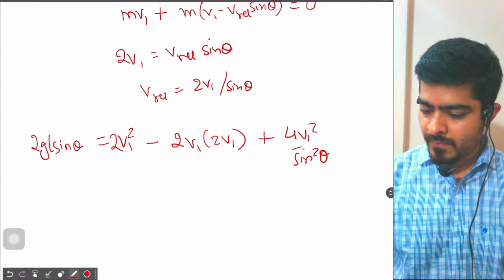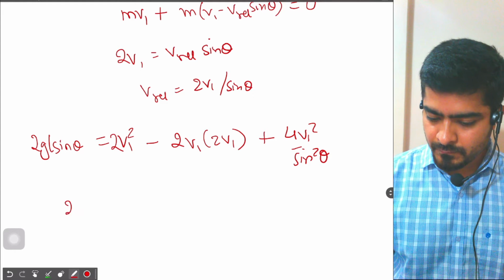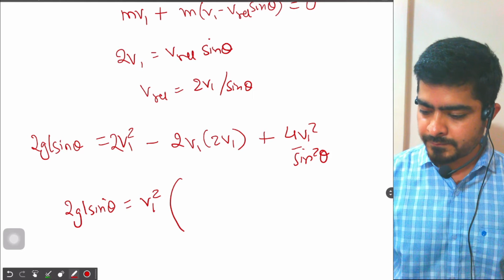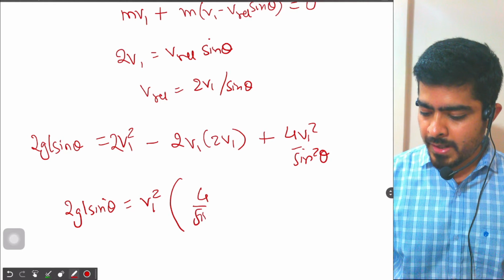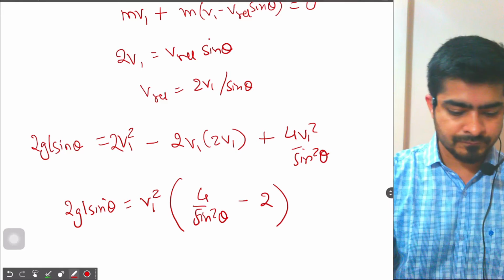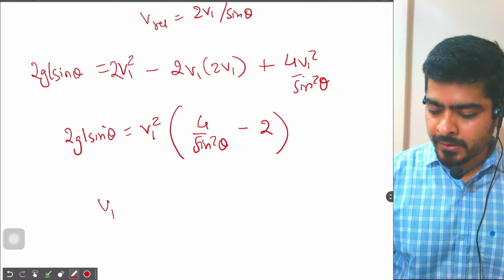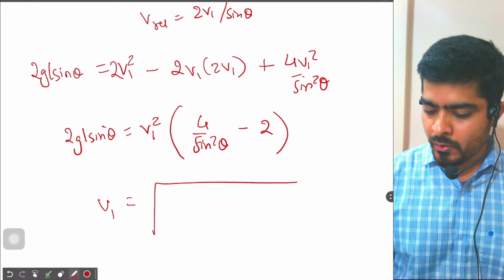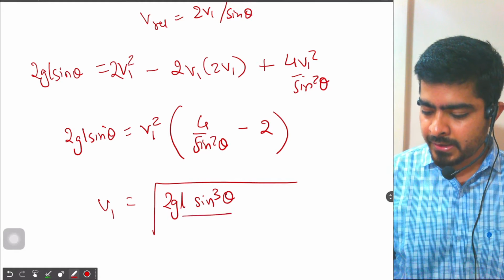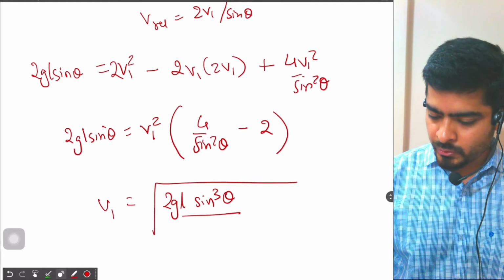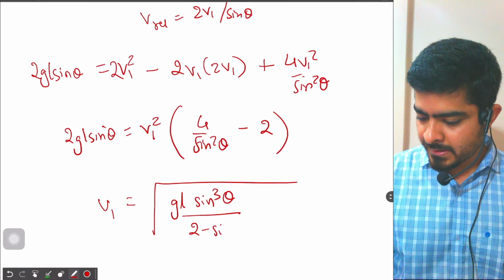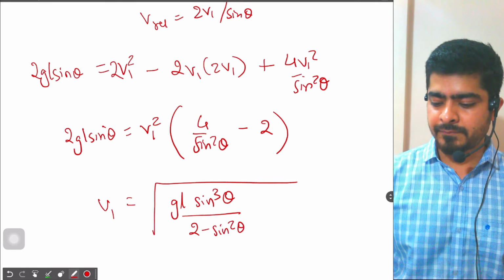Okay, so 2gL sine theta is equal to v1 square times 4 by sine square theta minus 2. So from here I will obtain v1 will be equal to root of 2gL sine cube theta divided by, even 2 will get cancelled out, divided by 2 minus sine square theta.